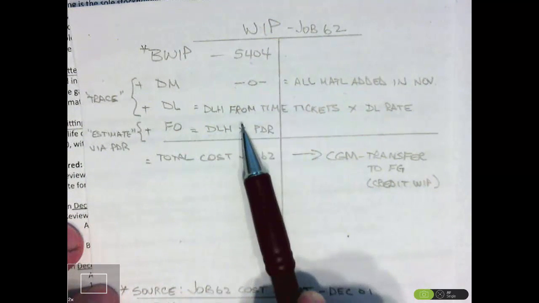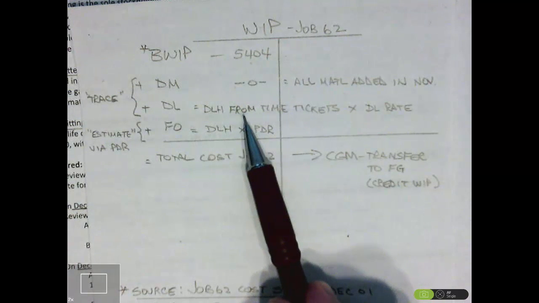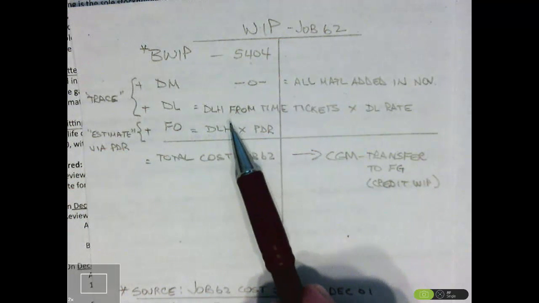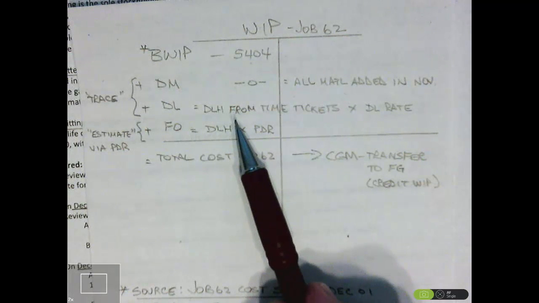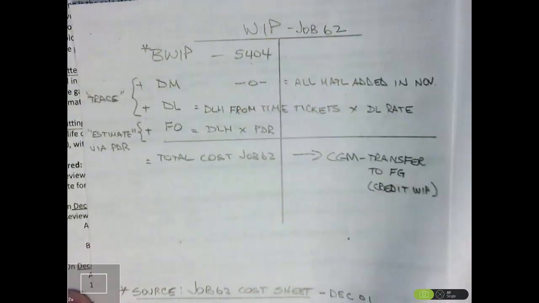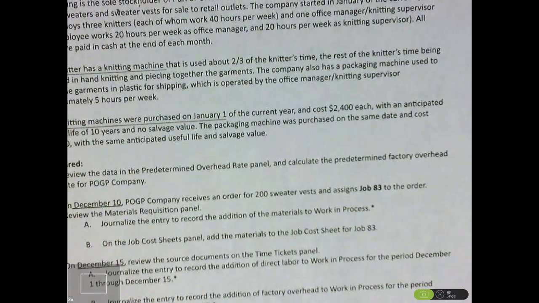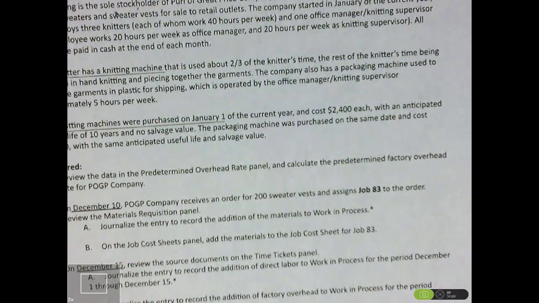The next thing that we would want to add for job 62 is the direct labor. Information for direct labor comes from the individual time tickets, and then we would want to multiply by the direct labor rate. And for this particular exercise, it's saying that the direct labor rate is $20 an hour.